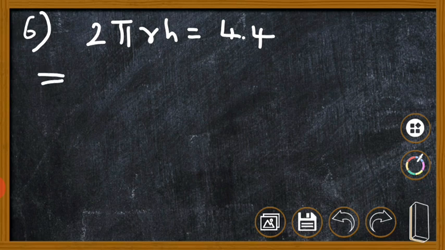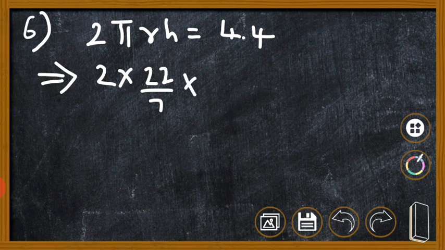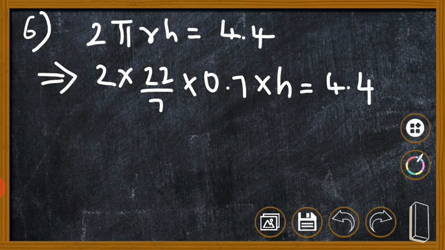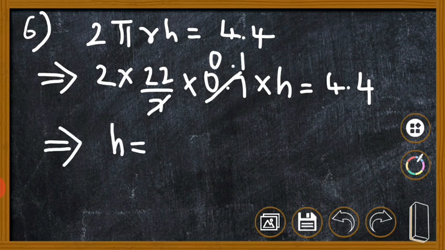So the next step you can substitute the value: 2 into the value of pi, 22 by 7, and the radius 0.7 into h is equal to 4.4. Okay. So before transposing the numbers to the right side, we can simplify from here itself. What is this? 0.1. So h you have to calculate. So h is equal to 4.4 divided by 2 into 22.